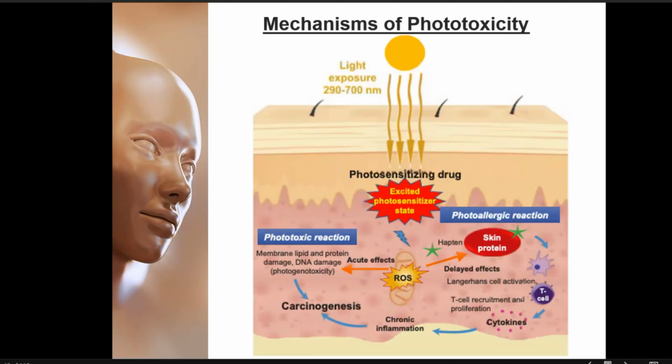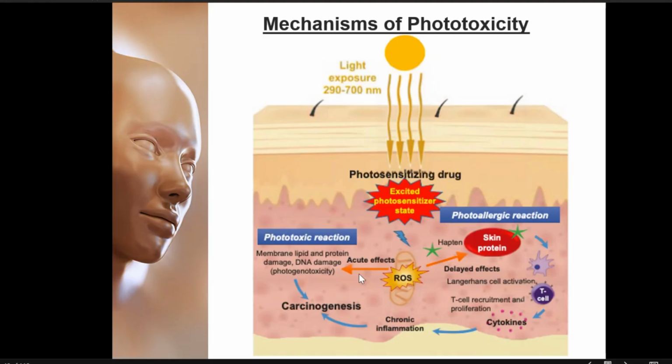This is the mechanism of phototoxicity. The wavelength between 290 and 700 comes in contact with the skin, and if the skin has some photosensitizing drug, in the acute case there is direct toxicity.